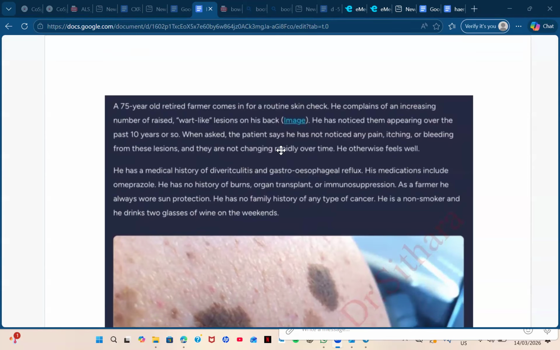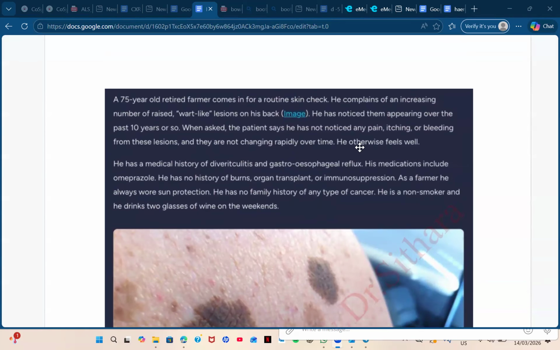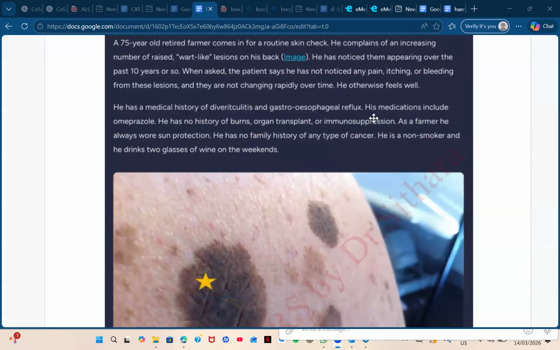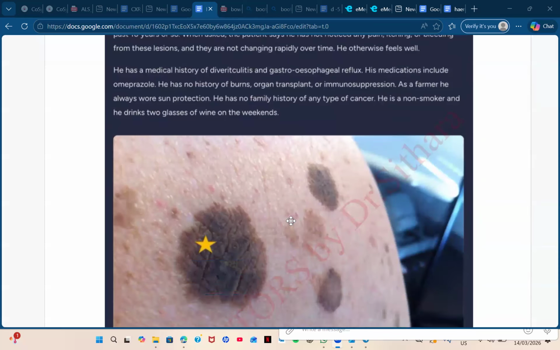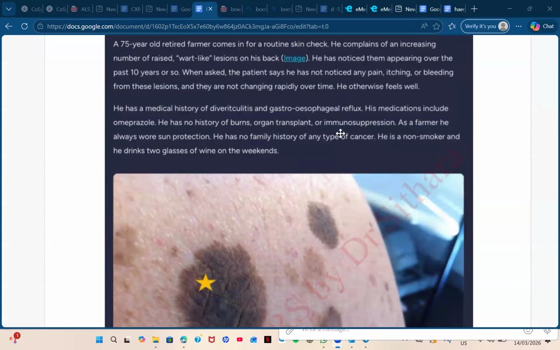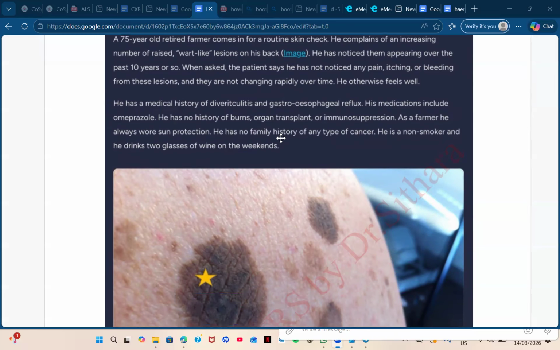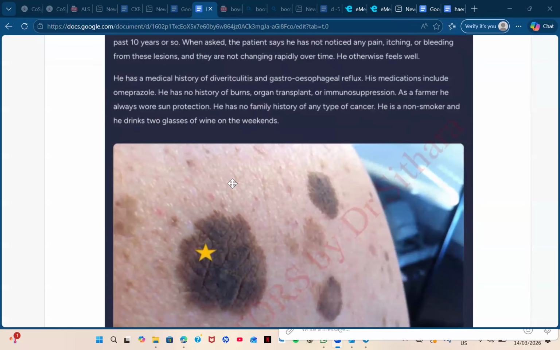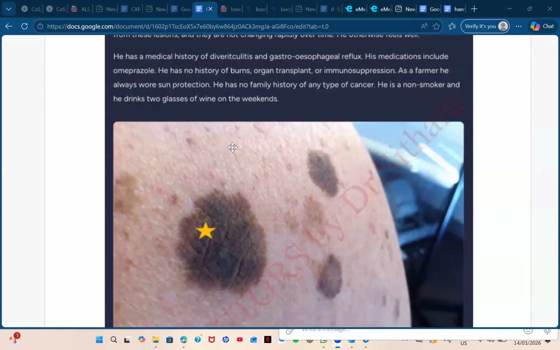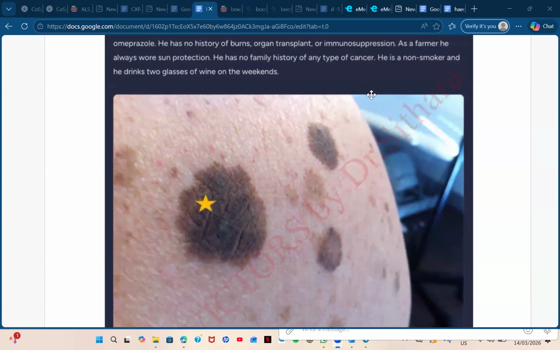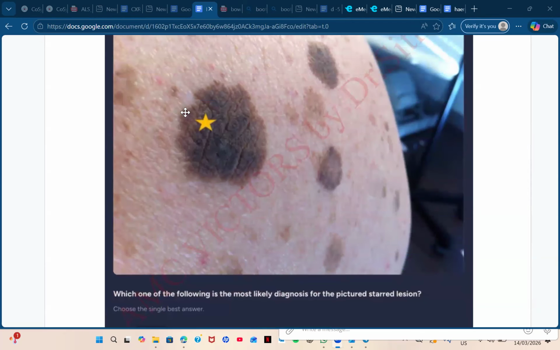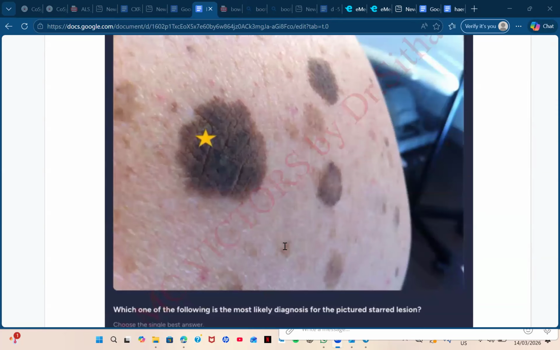He has not noticed any pain, itching, or bleeding from these lesions, and they are not changing rapidly over time. The patient is otherwise well, with a medical history of diverticulitis and GERD. Medications include omeprazole, and he has no history of burns, organ transplant, or immunosuppression. As a farmer, he always wore sun protection, and he has no family history of any type of cancer. He's a non-smoker and drinks 2 glasses of wine per week. Here also they ask for the diagnosis. It's a seborrheic keratosis, right?